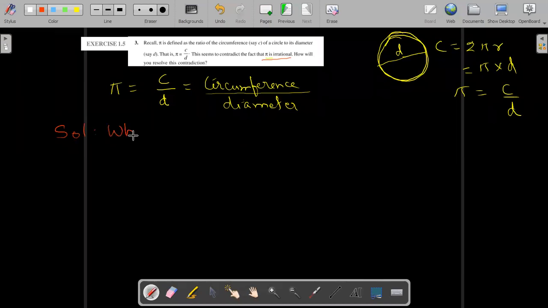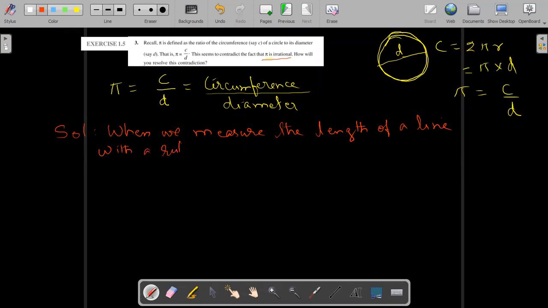When we measure circumference and diameter and find their ratio, we measure the length of a line with a ruler or with any other device, and we only get an approximate rational number.